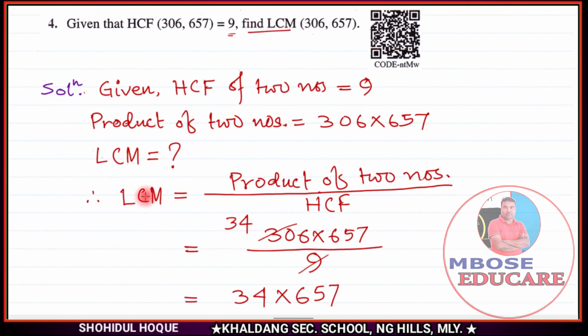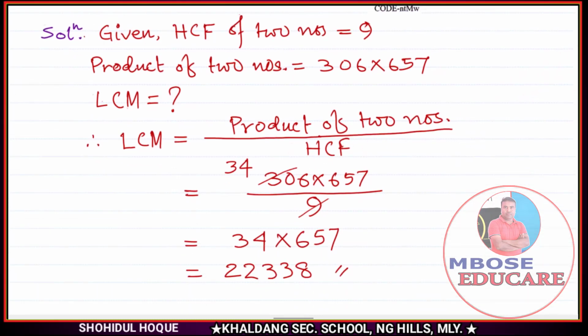There is a formula to find out the LCM. LCM is equal to product of two numbers divided by HCF. Now see, in the place of product of two numbers, we shall write the product of the two numbers, that is 306 into 657, and divided by HCF.